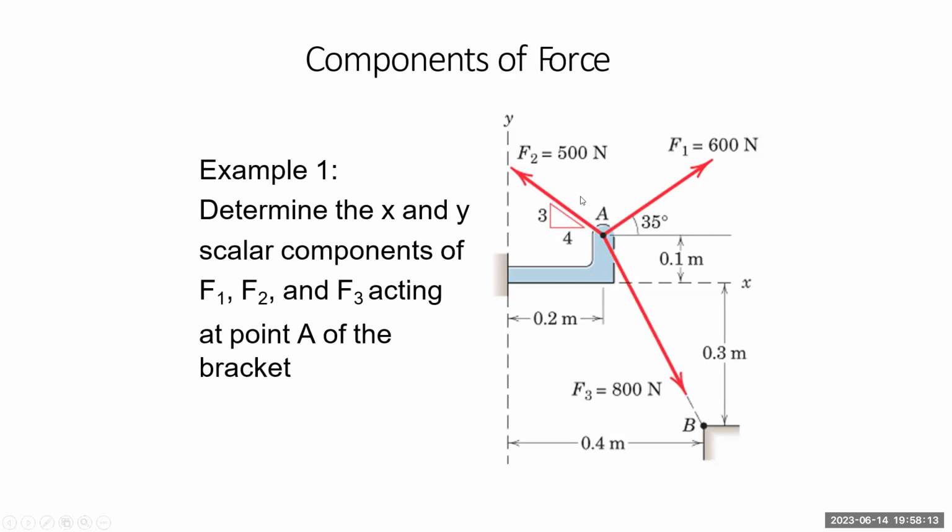So here we have, it says determine x and y scalar components of F1, F2, and F3 acting at A. And what kind of force is passing through A? Can somebody tell me on the bracket? I'm waiting.